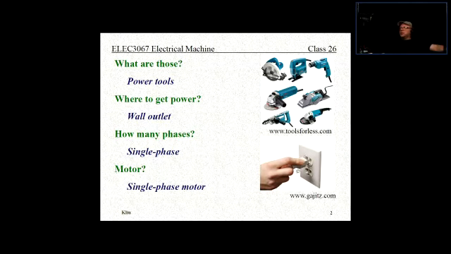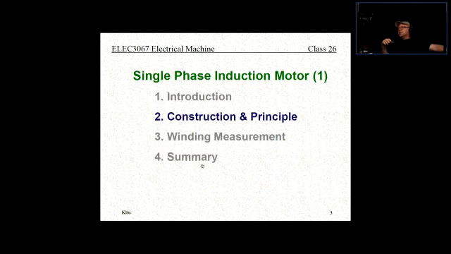So small power tools are being plugged in. You're not going to look for three phase if you only have one phase. Okay, anyways, how many phases? It is a single phase motor.